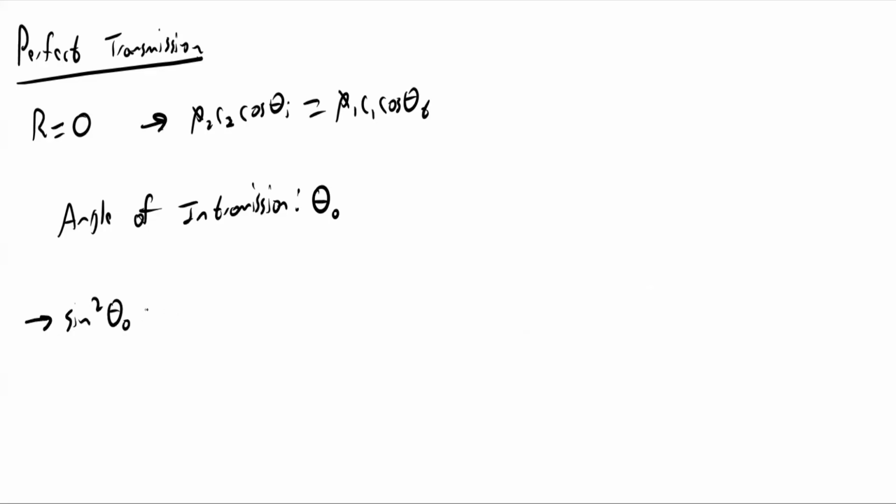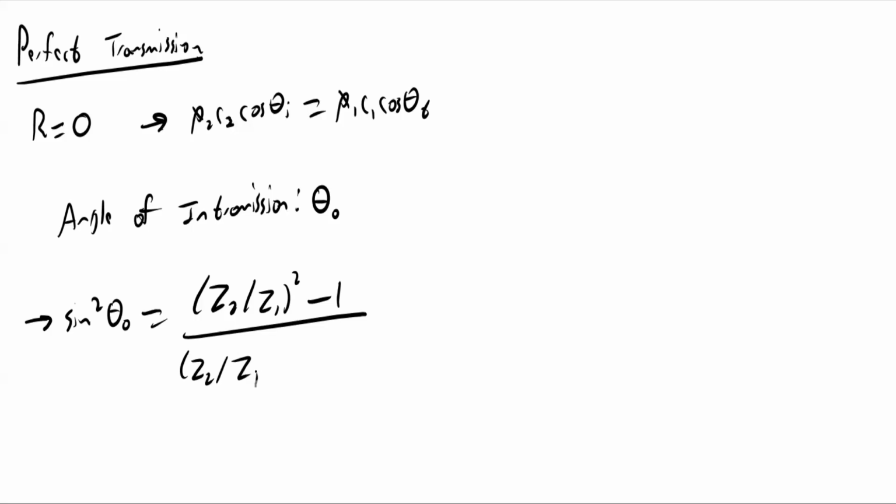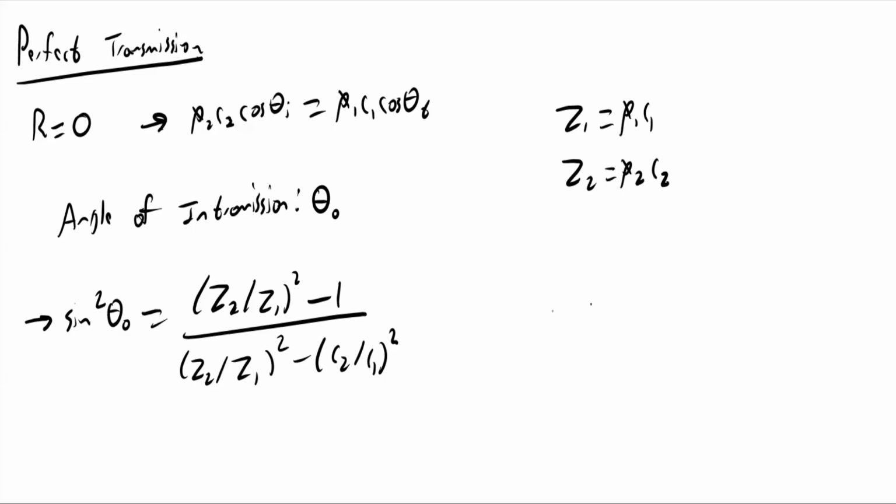Sine squared theta naught is equal to (Z2 over Z1) squared minus 1, over (Z2 divided by Z1) squared minus (C2 over C1) squared. What you might be asking is, what are Z2 and Z1? Well, that's the characteristic impedance of the medium, simply rho C for each medium.